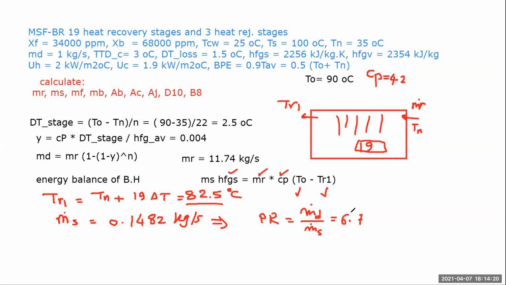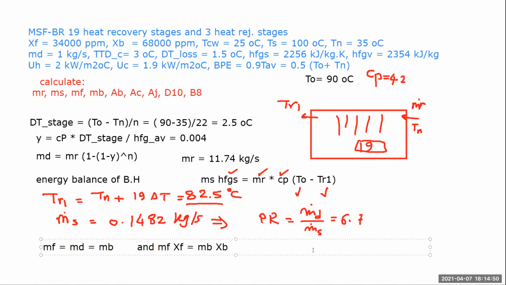Then, having done that, we are going to go back again to the old equation that we used earlier, which is m dot feed is equal to md plus mb, and m feed into x feed is equal to mb into xb.